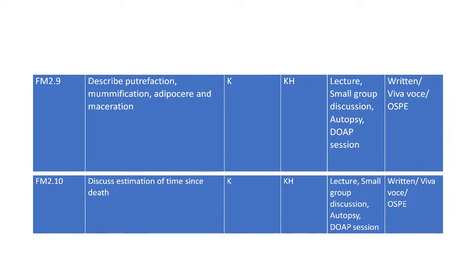This is FM 2.9 and FM 2.10. These are the last competencies which I will cover, and today I will finish this long-going chapter of changes after death. So 2.9, putrefaction, is over. Mummification and adipocere formation I will cover, and estimation of time since death I will cover.